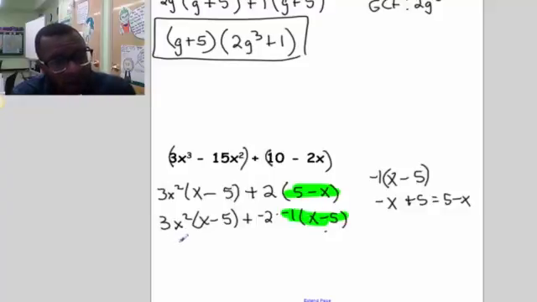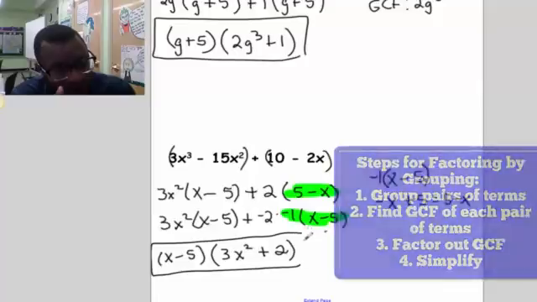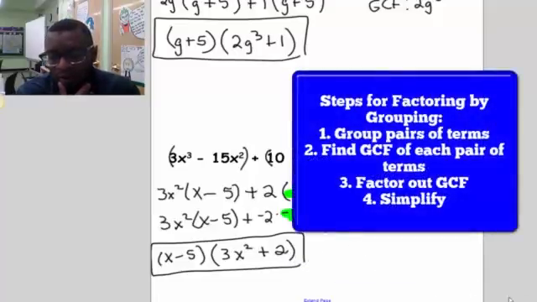Okay, and so now I factor out my common binomial, and I write my resulting term. So 3x squared and -2 times -1 is simply +2. And so here I cannot pull out anything else, so this is my factored polynomial. Okay, and that is the end of today's lesson.